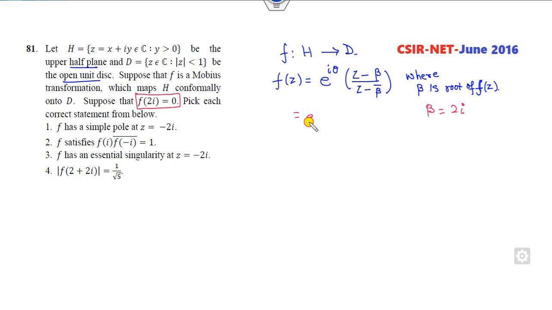So if I substitute, it becomes (z minus 2i) over (z plus 2i). Now this is my function of z.